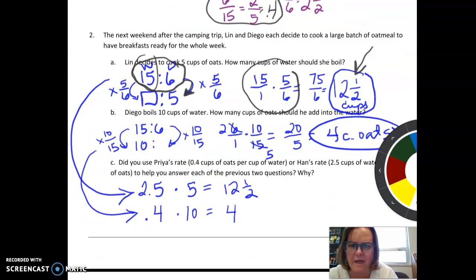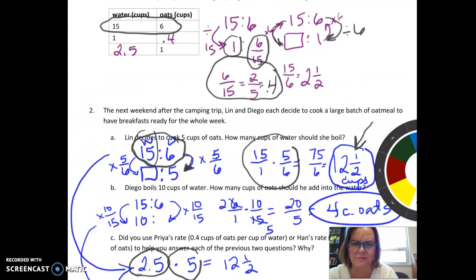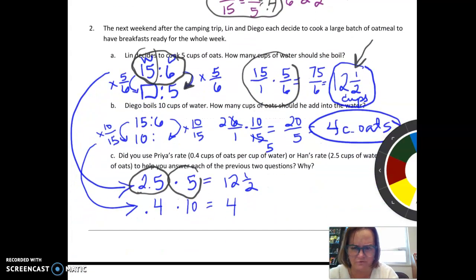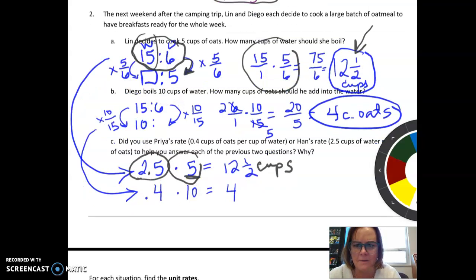Another way we could look at that is to look at multiplying 2.5 times 5, because 2.5 was what we got for how much water per cup. So 2.5 cups of water for the 5 cups of oats gives us 12.5 cups of water. Same with Diego.